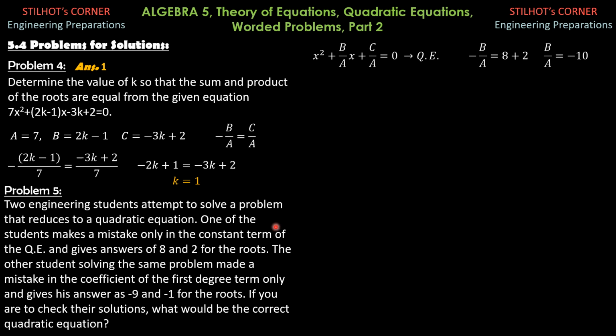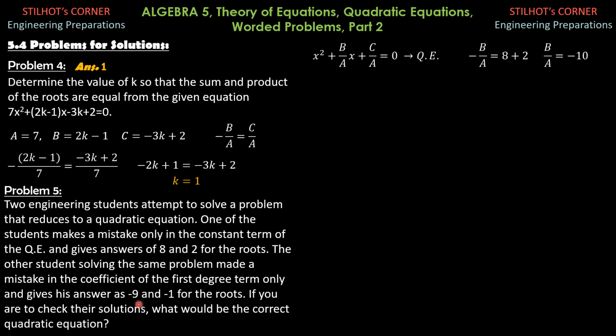Likewise, for the second student, he made a mistake only on the first degree term, which is b, and gives his answers as negative 9 and negative 1. So since b is wrong, that means the constant term c is correct.